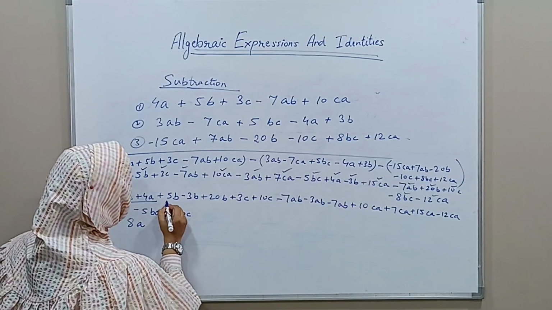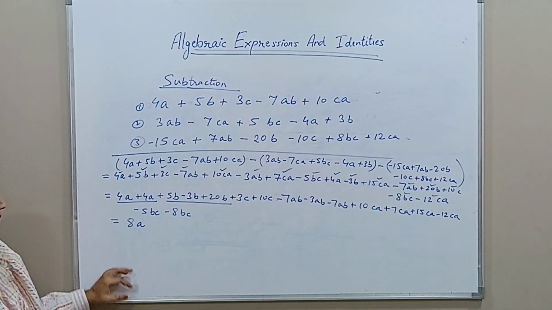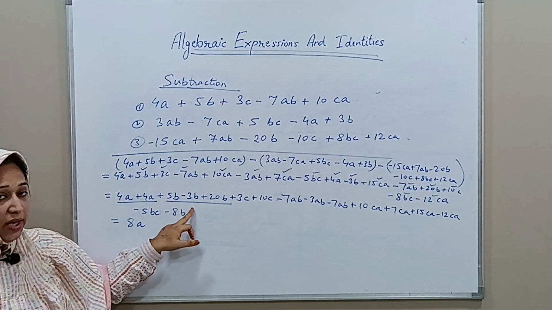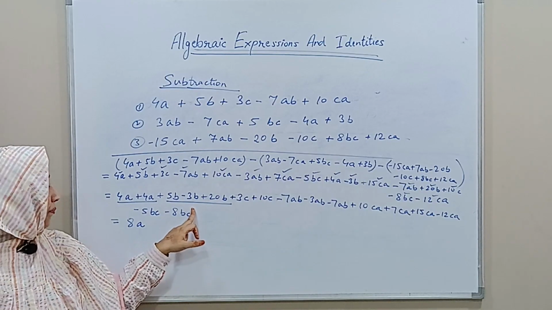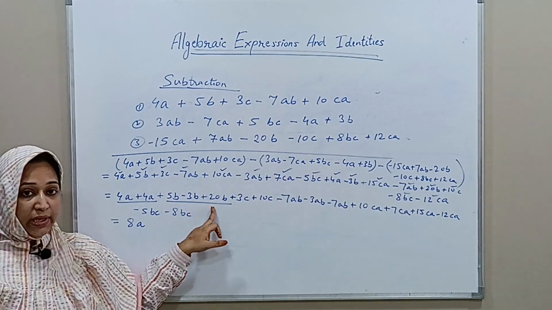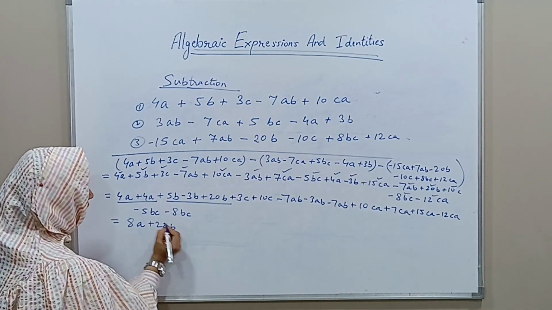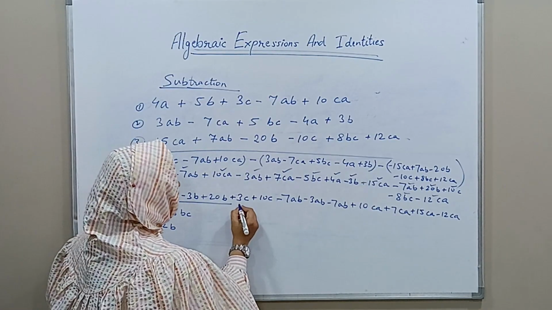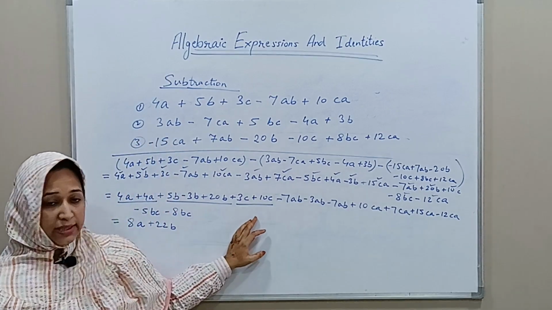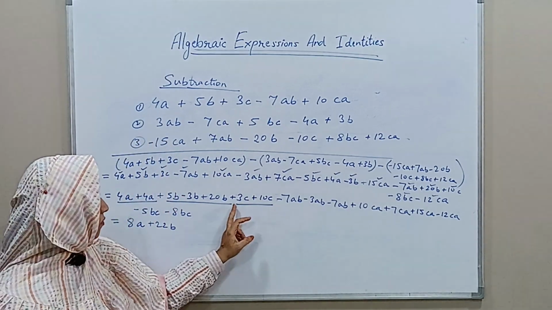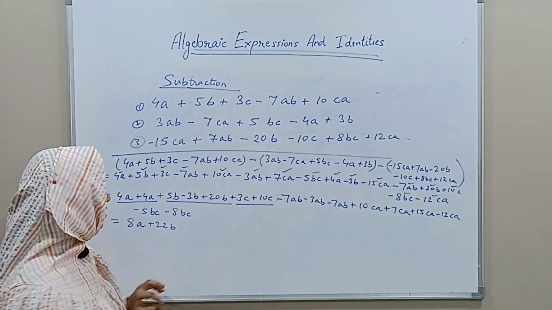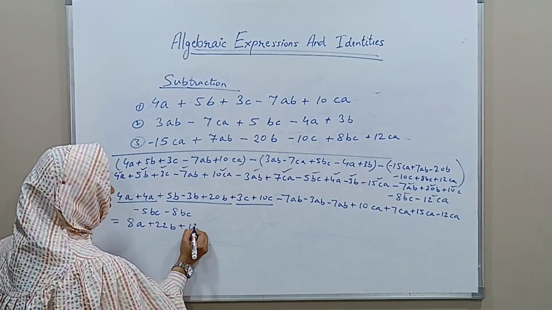Then we have three terms with variable b. Plus 5 minus 3 will become 2. 2 plus 20, 22. So this is plus 22b. Then you have 3c plus 10c. Same signs, add them. 10 plus 3, 13, plus 13c.